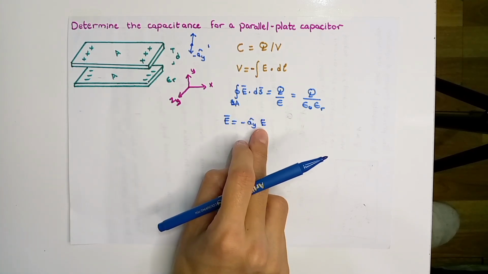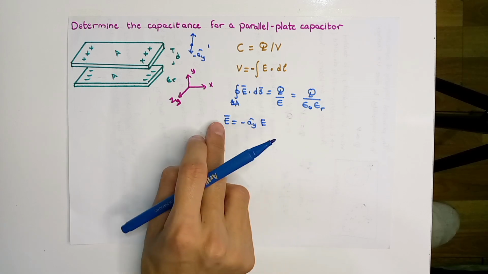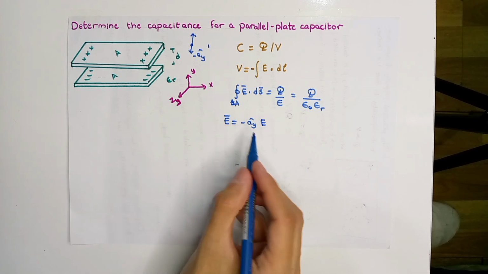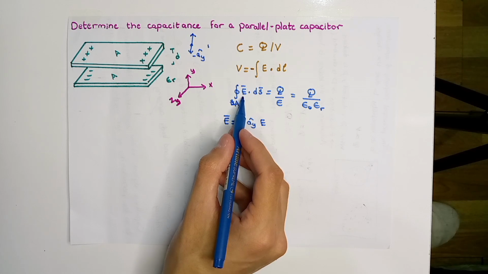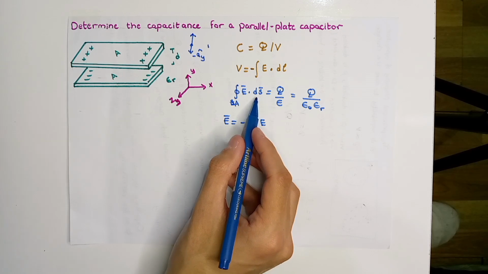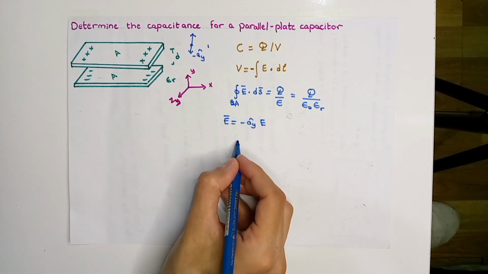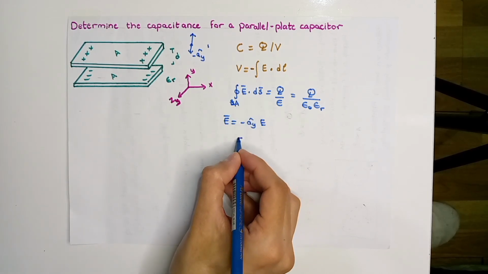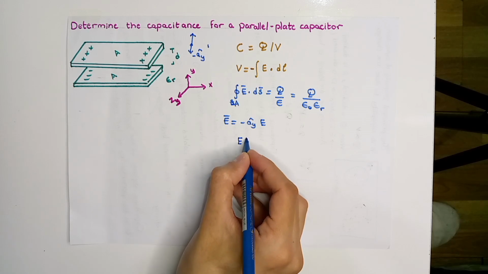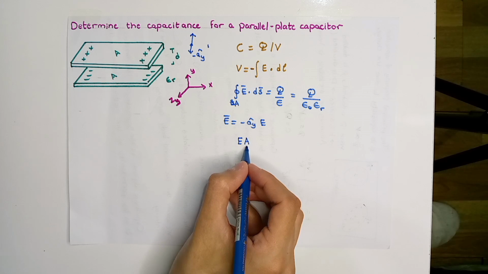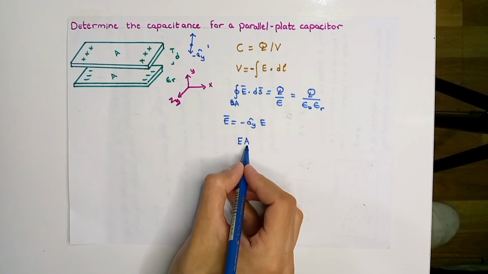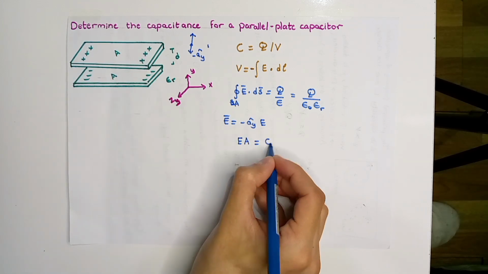So the electric field, where this E without the bar above is the magnitude of the electric field. Now the dot product between the electric field vector and the vector surface, regarding this integration, is equal to E times A, where E is the magnitude of the electric field and A is the area of the plate.